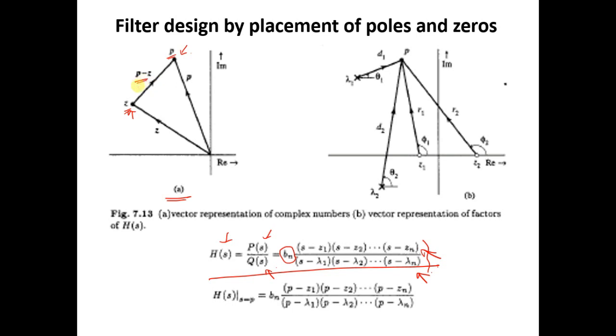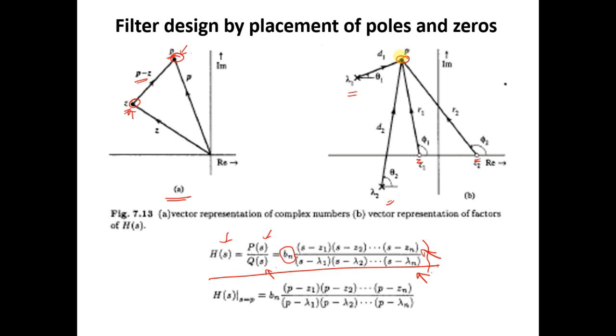Similarly, suppose this point P is the point of interest for us, and we place these poles and zeros over here. We will have similar vectors to that point P.